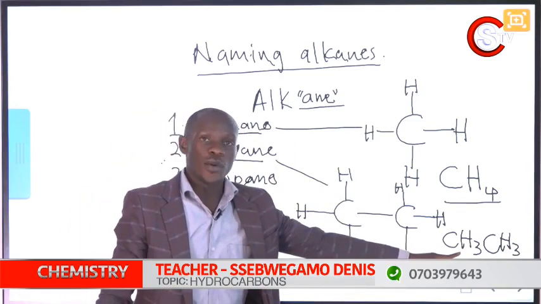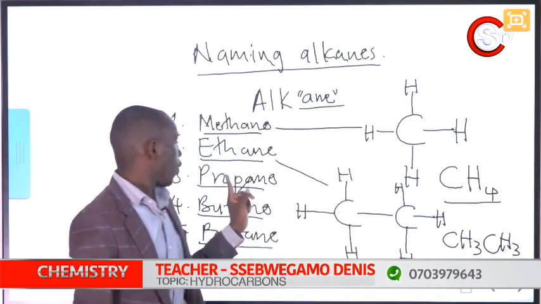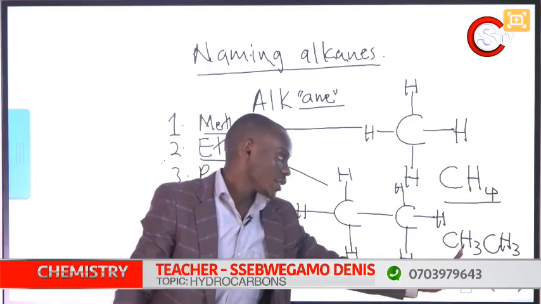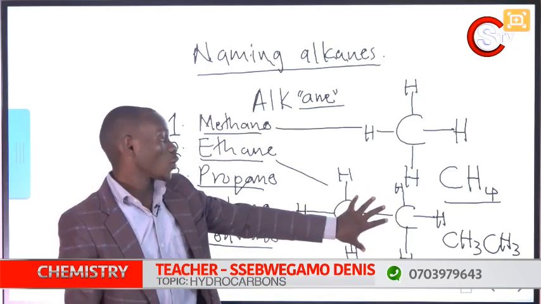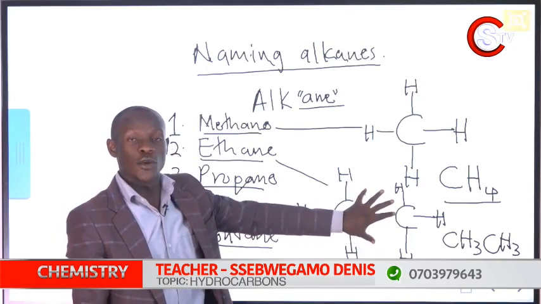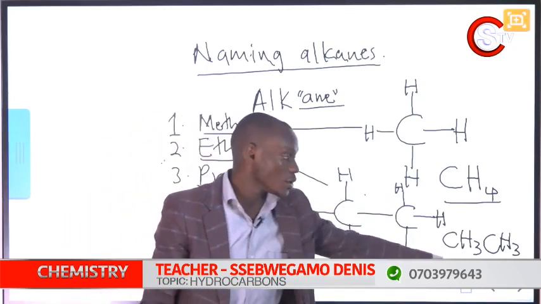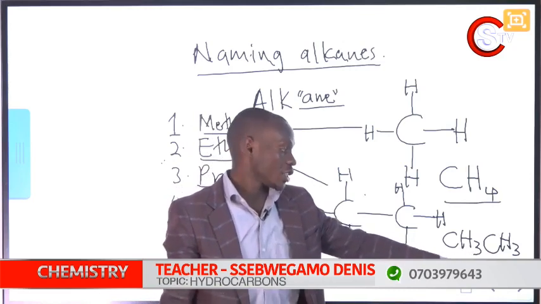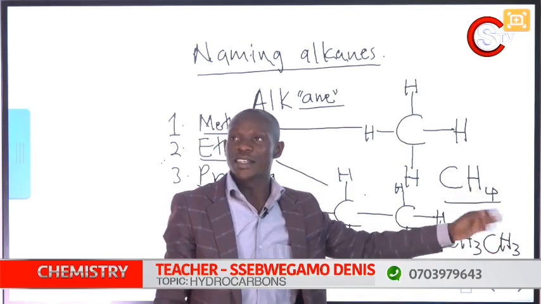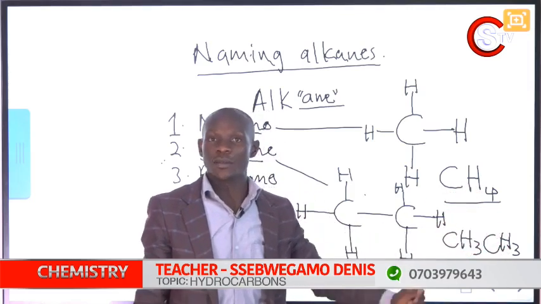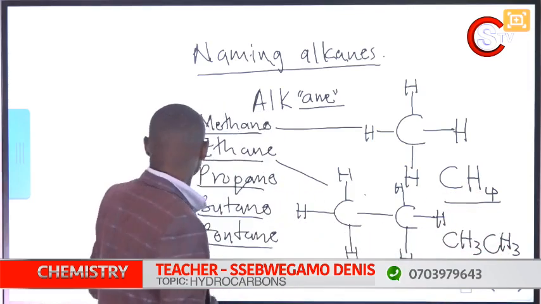So the structure of ethane becomes CH3-CH3. Or you can leave it like this, but this one consumes space if you are using your book. So it is better we use the condensed structure because they are easy to manipulate even during mechanisms, synthesis, and during exams.